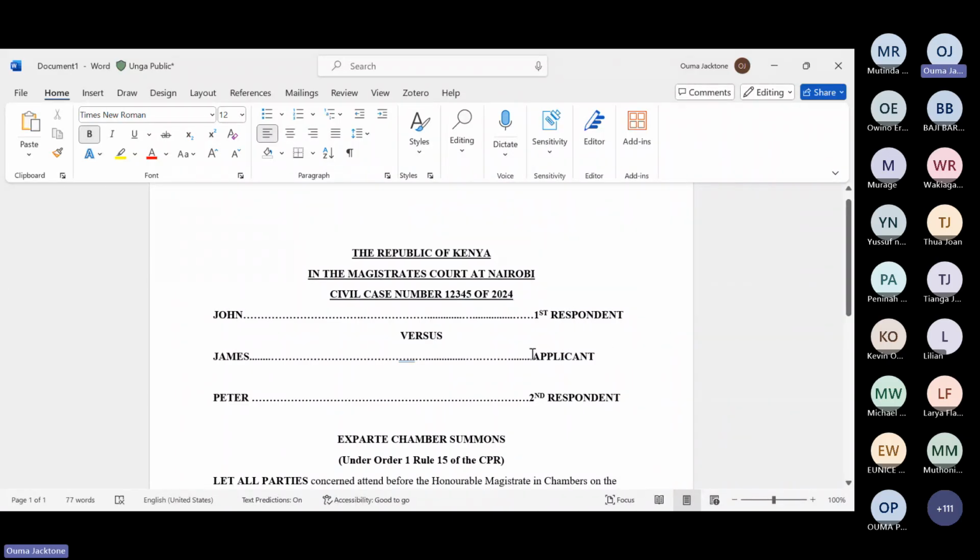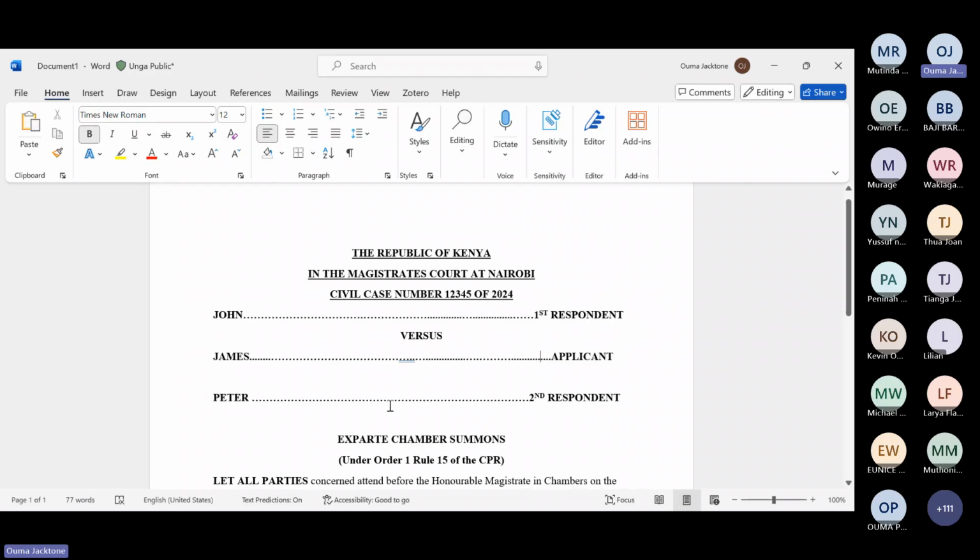Okay, so you can see on your screen, we have three things. We have the caption of the case, that is the Republic of Kenya in the Magistrate Court of Nairobi, the civil suit number.